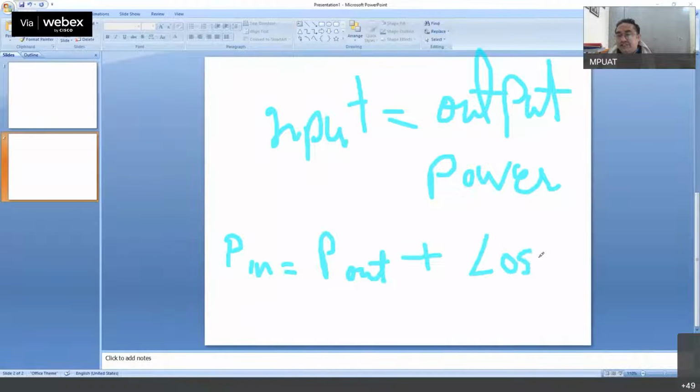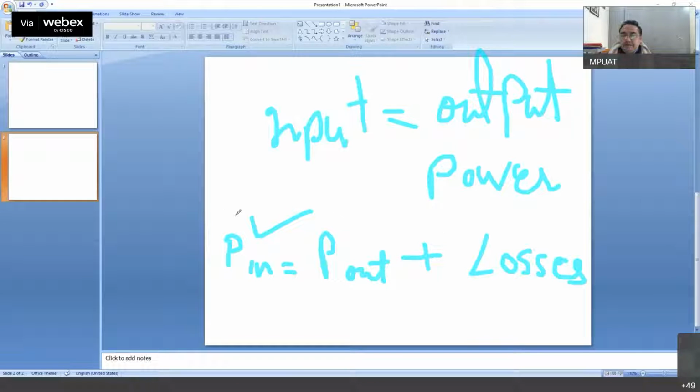Now this definition is true for all types of electrical machines. This is true for all types of machines, whether it is a static machine or rotating machine. In fact, this equation, P input is equal to P output plus losses, is true for all types of machines: synchronous machine, induction machine, DC machine, or transformer. Because all these are based on law of conservation of energy, that energy can neither be created nor be destroyed.